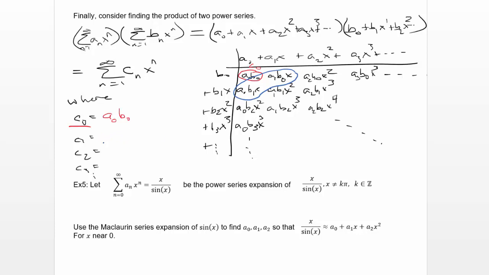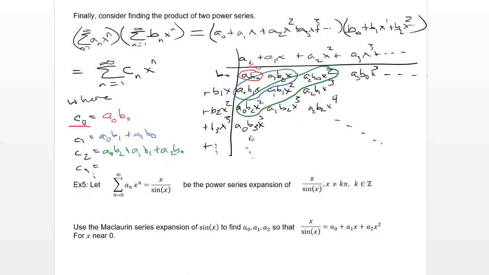If I factor out the x, that's a0 b1 and a1 b0. What's the coefficient of x squared in my product? It's the sum of all the coefficients of x squared here, and it looks like it's these on this diagonal, which is a0 b2 plus a1 b1 plus a2 b0.